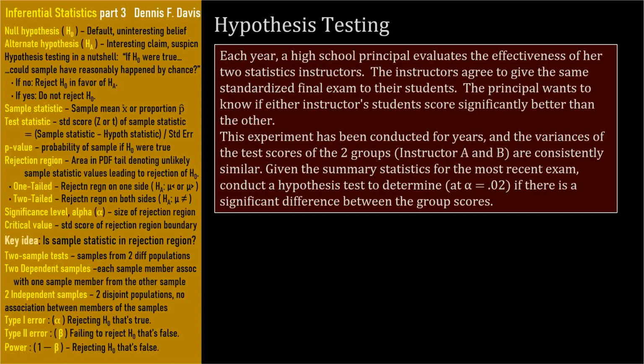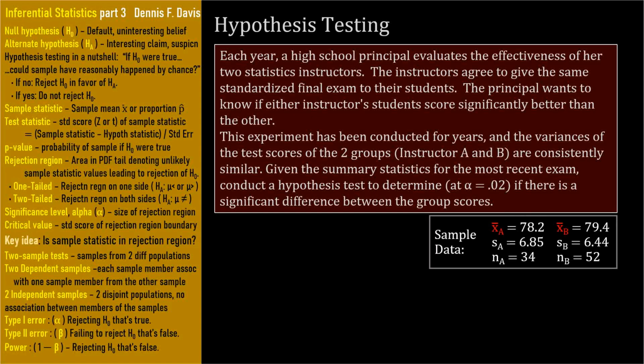This experiment has been conducted for years, and the variances of the test scores of the 2 groups, Instructor A and Instructor B, are consistently similar each year. Given the summary statistics for the most recent exam, conduct a hypothesis test to determine at alpha equals 0.02 if there's a significant difference between the group scores.